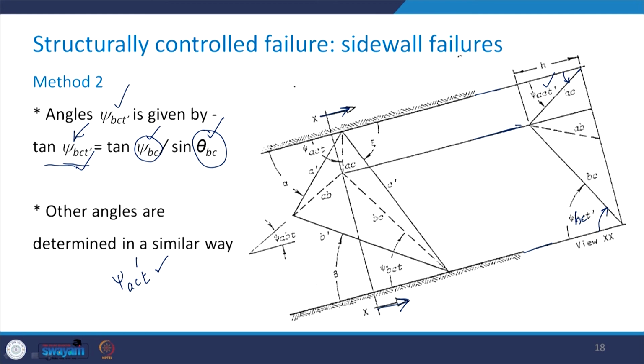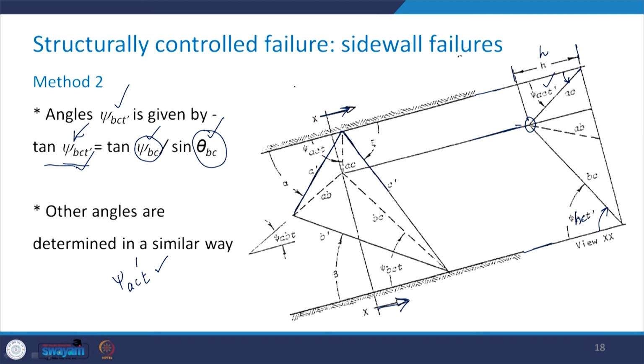So you will be able to get the location of this apex. Once you know the location of the apex, just measure this distance and that will give you the height of the wedge.